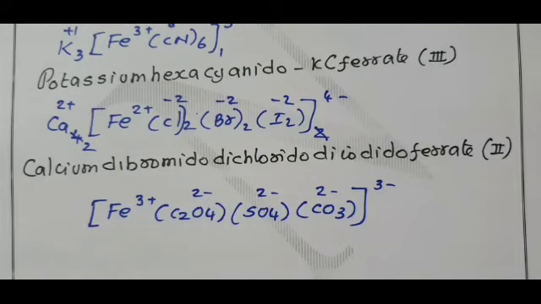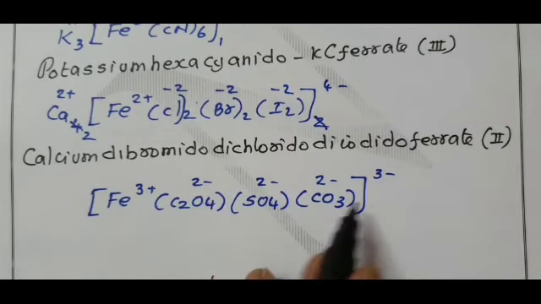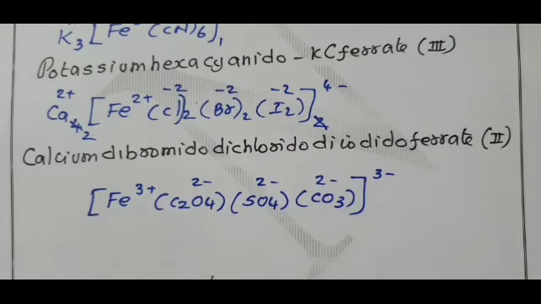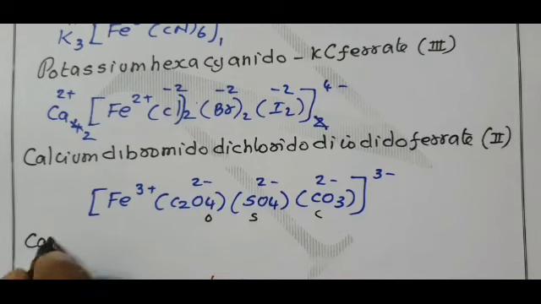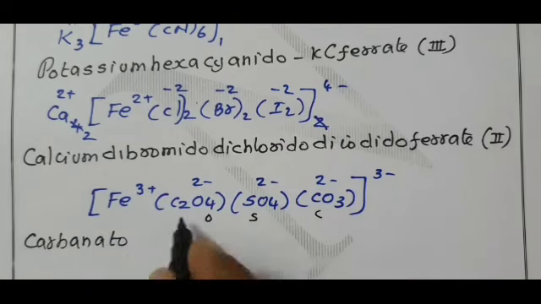The last complex. Here only anion. There is no cation here. So straight away C first, O second, S third. Bidentate ligand carbonato. Carbonato. O second, oxalato.